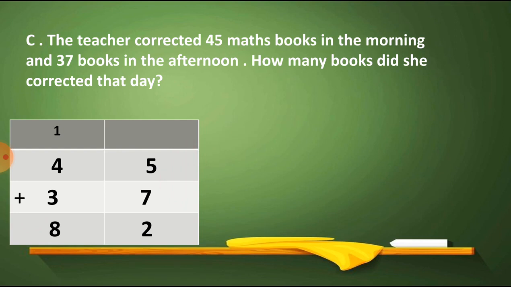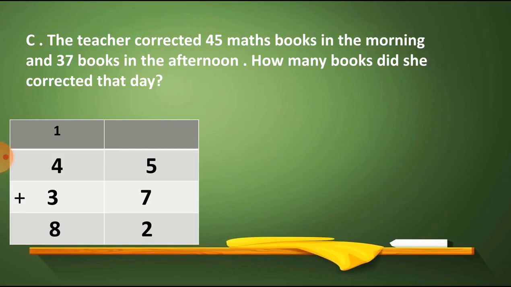Students, 5 plus 7 is equal to, let's count 7 after the 5 and start with number 6. So let's start counting: 6, 7, 8, 9, 10, 11, 12. So the answer 5 plus 7 is equal to 12.